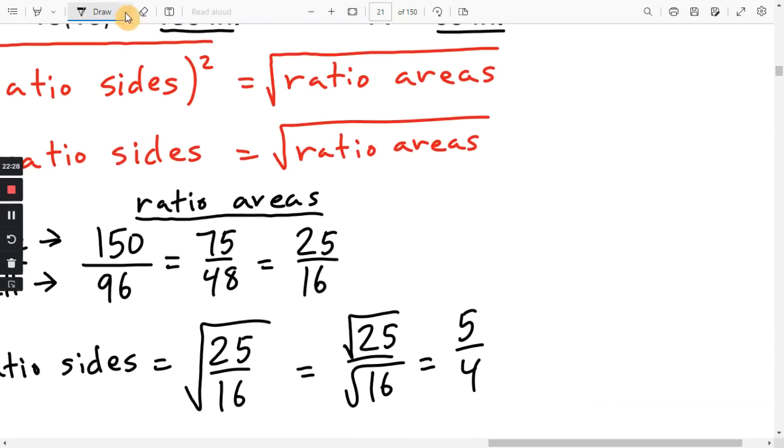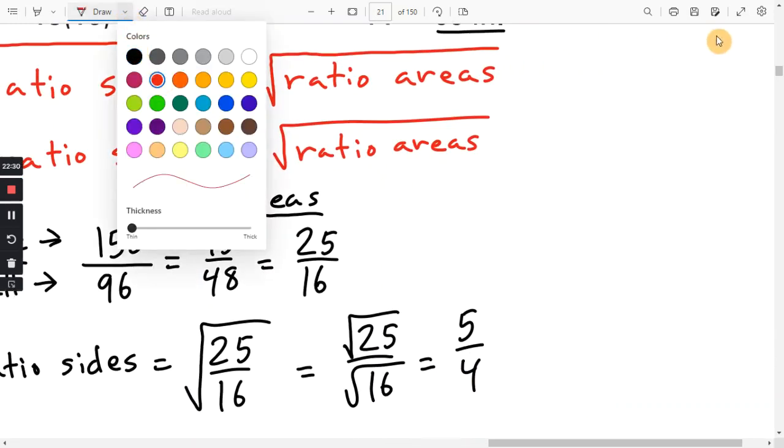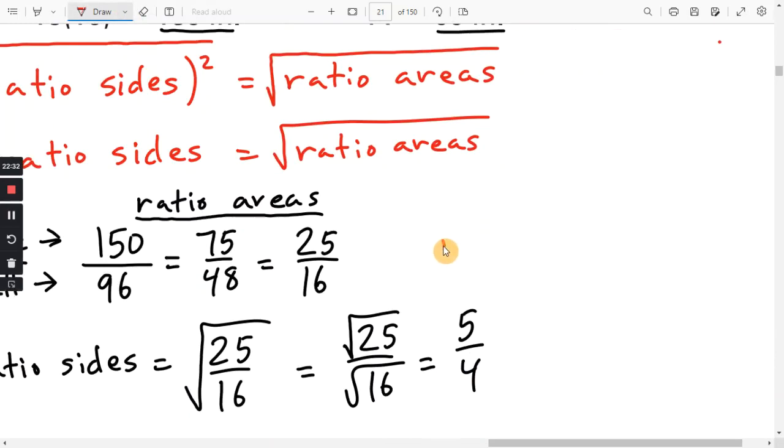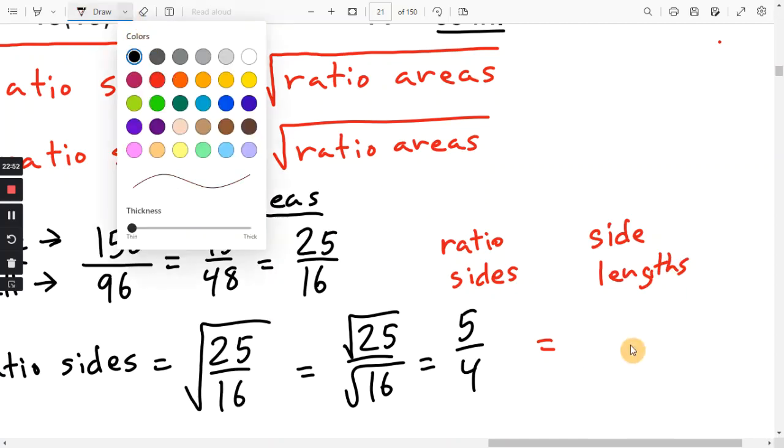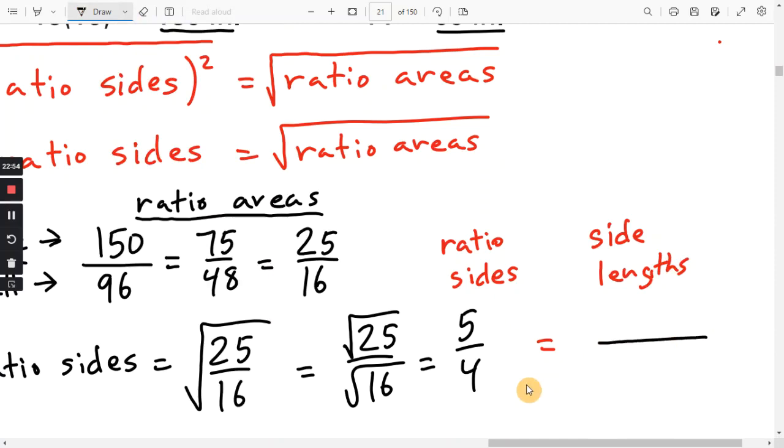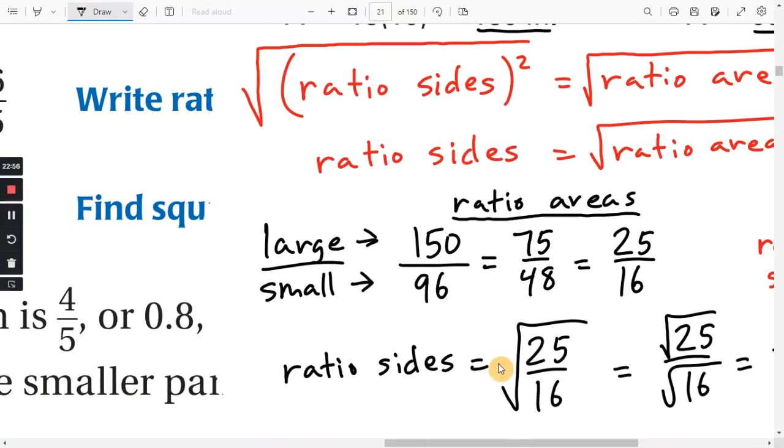And that's going to equal the actual side lengths. All right, we're going to make another fraction right here. Now remember, we put the large in the numerator and the small in the denominator.